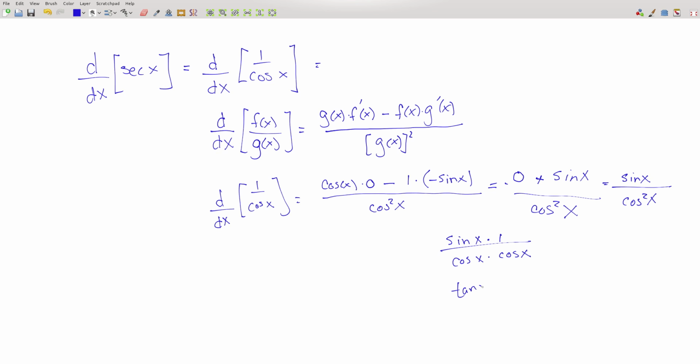So this is the tangent of x times 1 over the cosine of x, which is, of course, the secant of x. And here we have it. In fact, I will summarize this result on the side. The derivative of the secant of x is equal to the tangent of x times the secant of x.